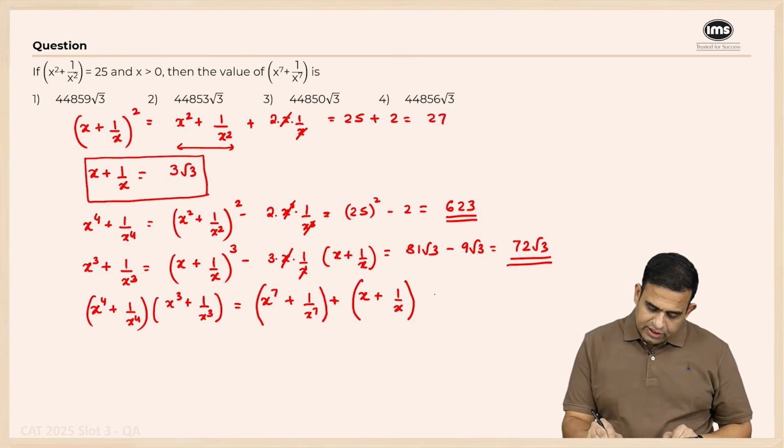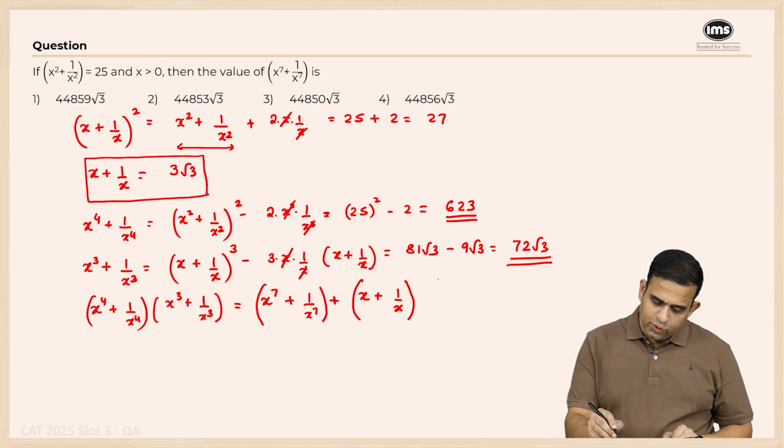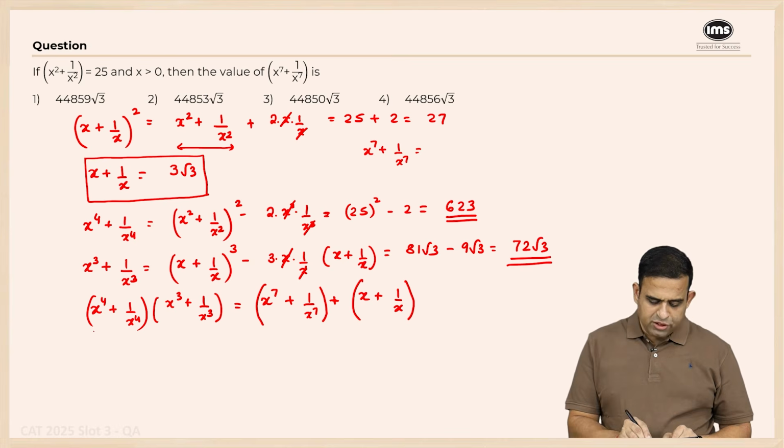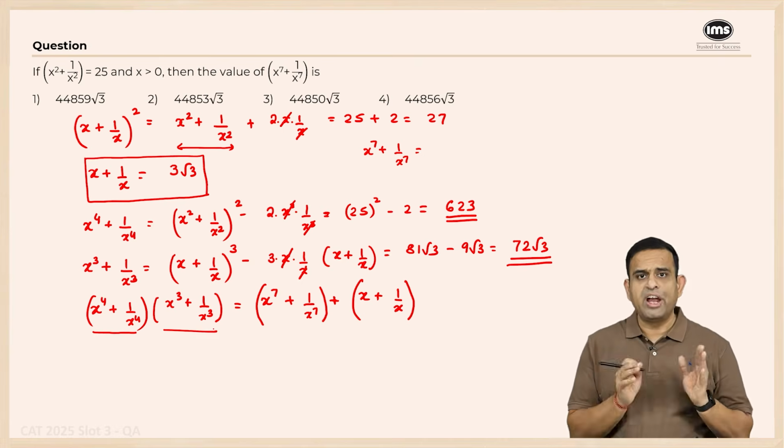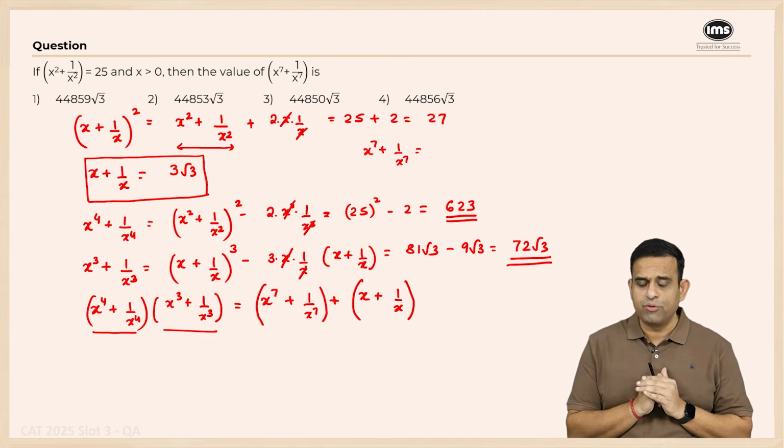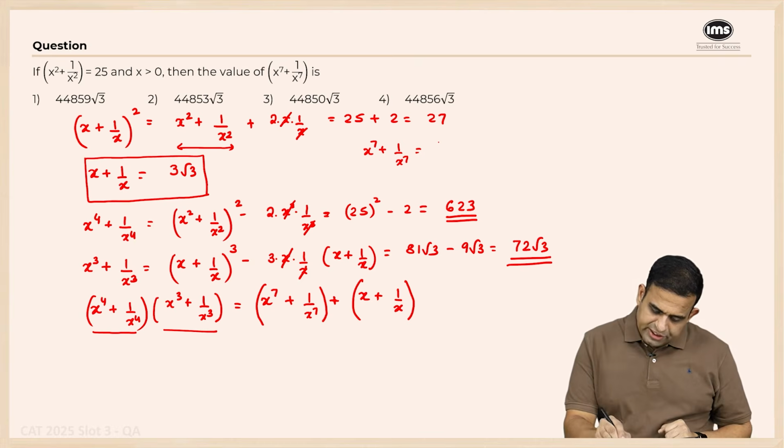So understand the required value. If I look at over here, x power 7 plus 1 upon x power 7 should be equal to, I will first of all multiply the value of x power 4 plus 1 upon x power 4 with x cube plus 1 upon x cube, which will be 623 times 72 root 3.